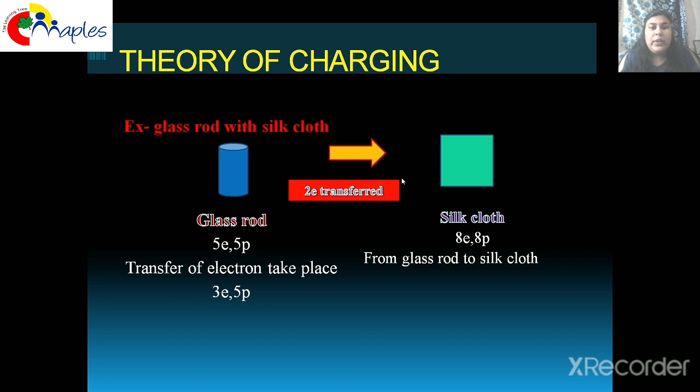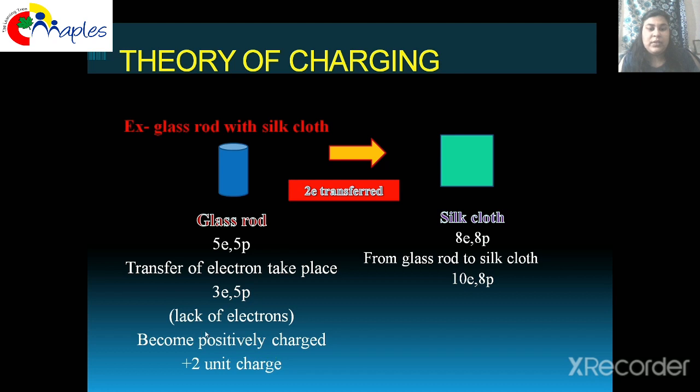Now the number of electrons on the glass rod decreased by 2, so it is 3 electrons, but there is no transfer of protons, so the number of protons remains 5. The silk cloth gains 2 electrons, so the number of electrons becomes 10, and the number of protons is as usual 8.